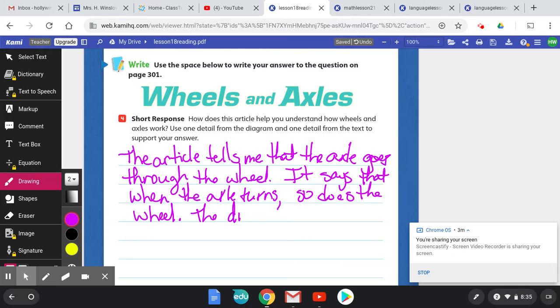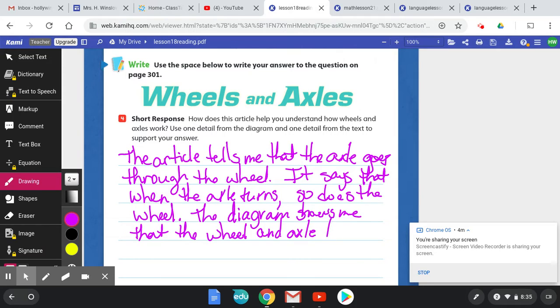And the diagram shows me that the wheel and axle turn the same way.